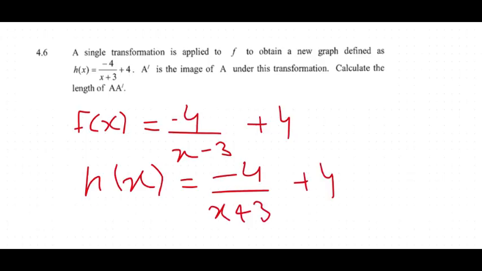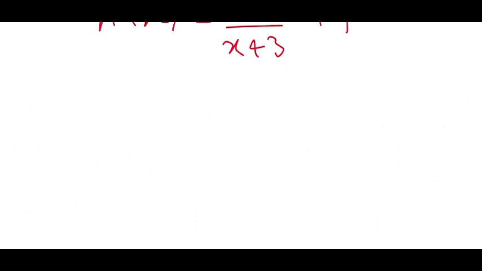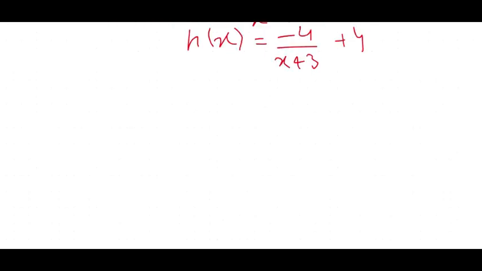We have to rewrite h of x. H of x equals minus 4 by minus x, minus 3, plus 4. So it becomes minus 4 over minus x minus 3 plus 4.